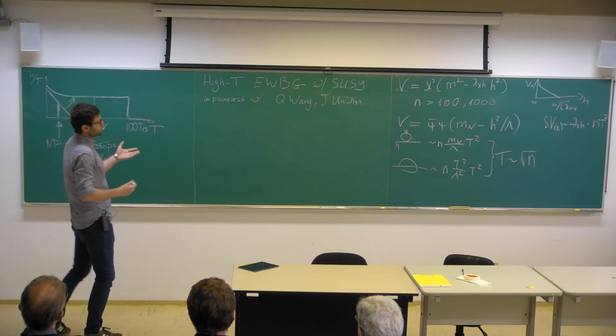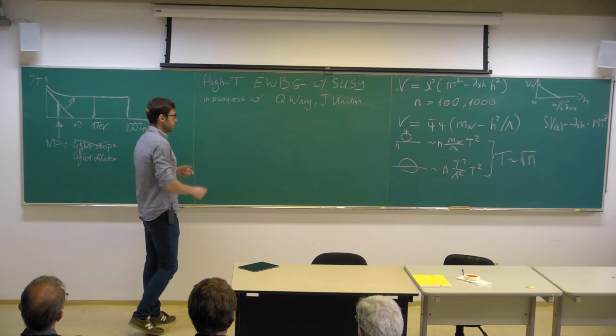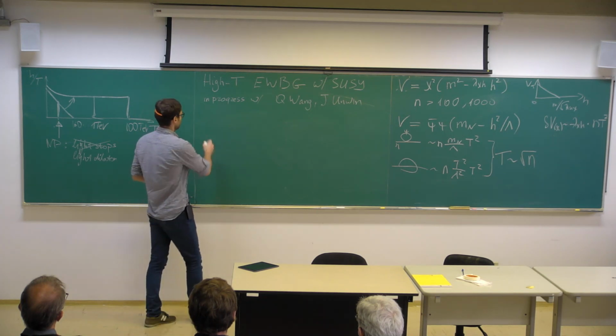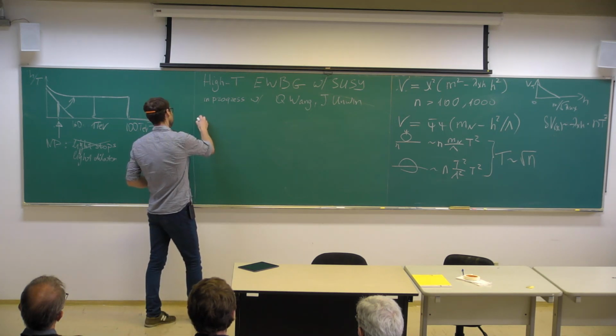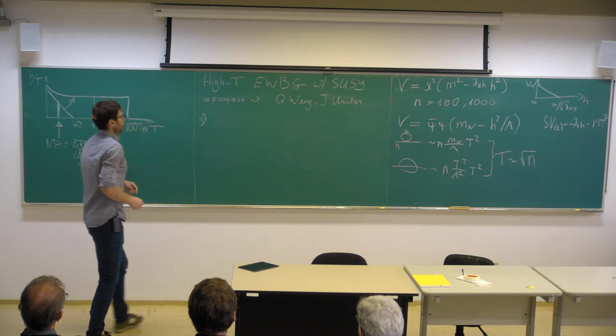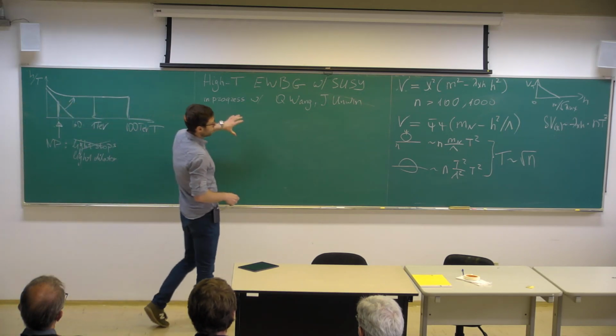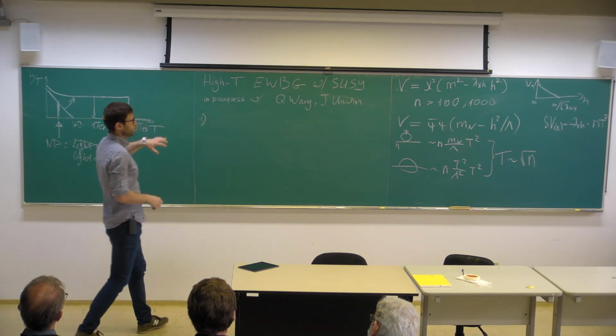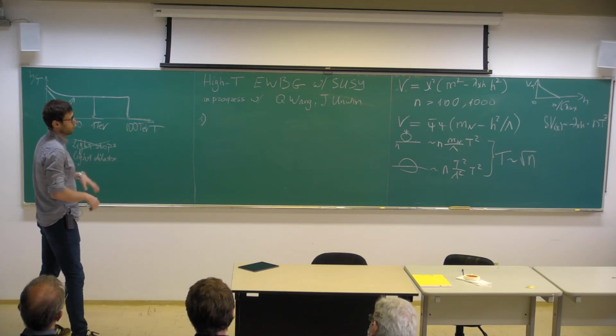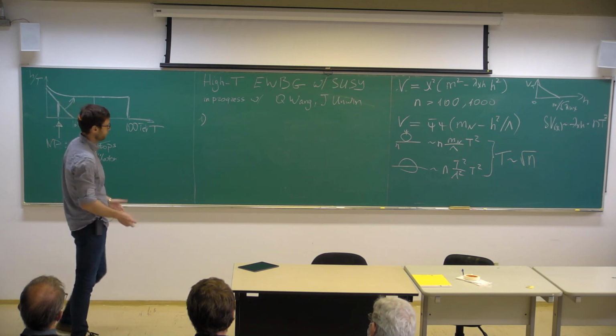And people came to the conclusion that there are problems. Okay, so the first set of problems by Mangano and Haber: they found out that in renormalizable supersymmetric theories, you cannot get symmetry breaking at high temperature.